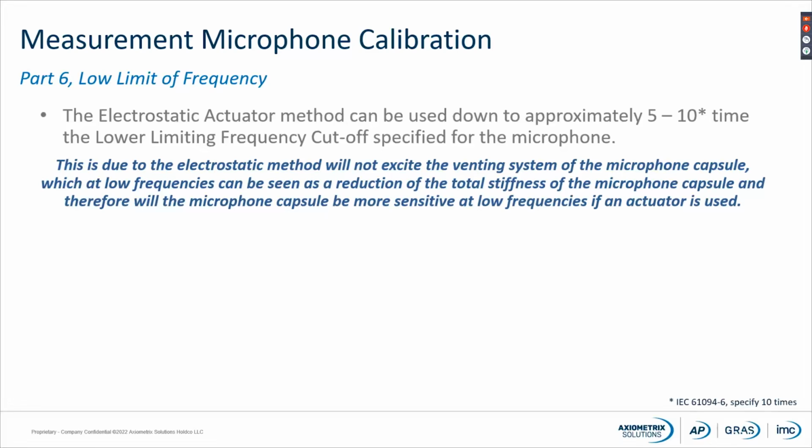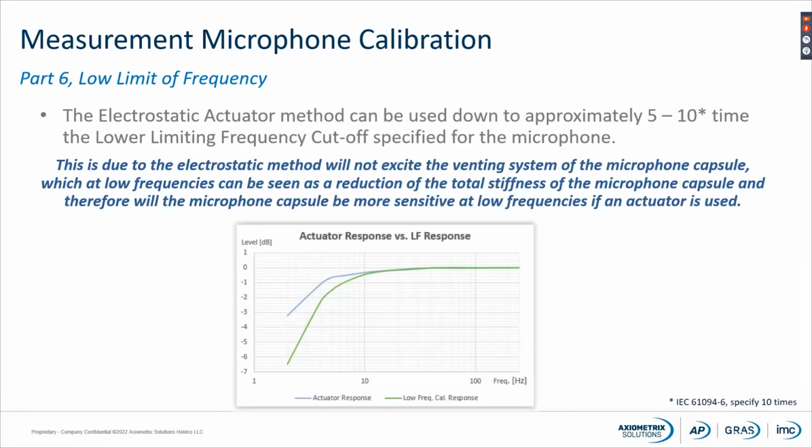This is due to the electrostatic method not exciting the venting system of the microphone capsule. At low frequency, this can be seen as a reduction in the total stiffness of the microphone capsule, and therefore the capsule will actually be more sensitive at lower frequencies if an actuator is used.